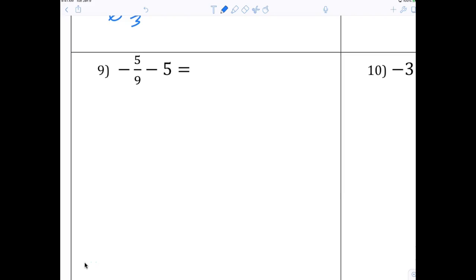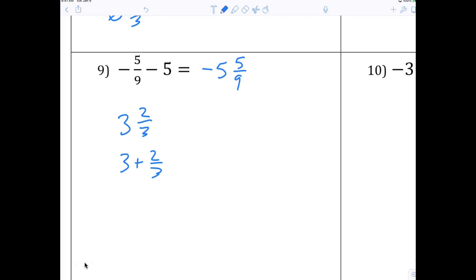All right. Now let me try to explain why that should be obvious to everybody. If I said 3 and 2/3, that literally just means 3 plus 2/3. Everybody understand that?